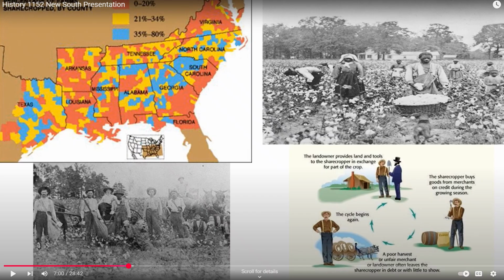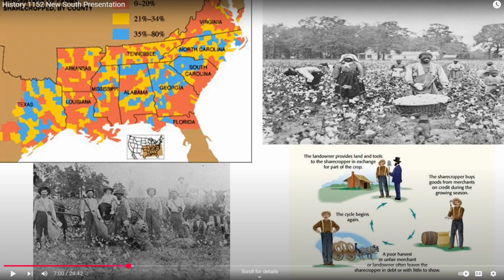And here's how the sharecropping system worked. A farmer would make an arrangement to set up his farmstead on the plantation owner's land. It could be a white farmer, or it could be a black farmer, maybe even a former slave of that slave owner. They will agree to the terms, and the farmer will purchase goods at the general store, flour to feed his family because he's growing cotton, farming equipment, clothing, things of that nature.